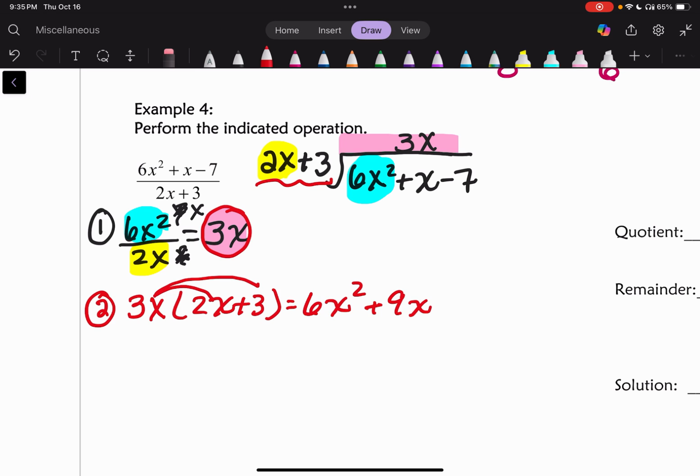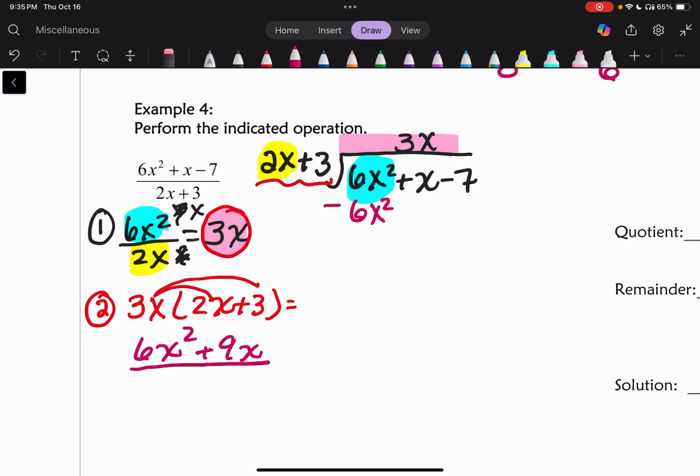And then from there, we are going to move on to step number 3, and that is to subtract. I just realized that I'm going to run out of space if I write that there, so I'm actually going to move this out of the way over here. Then I'm going to subtract this right here, and I am going to do 6x squared plus 9x.